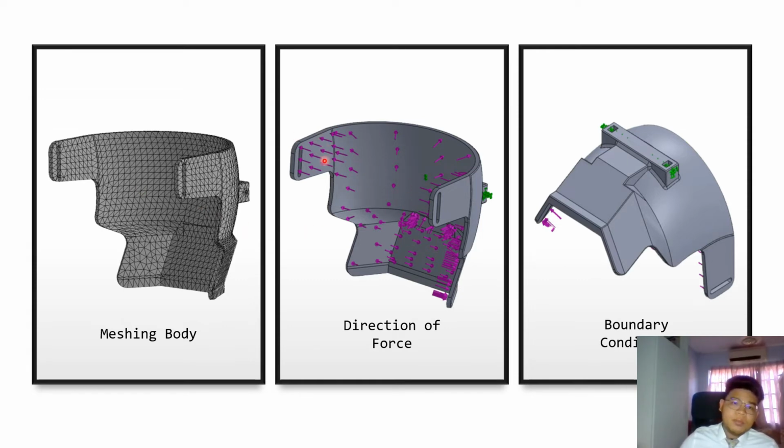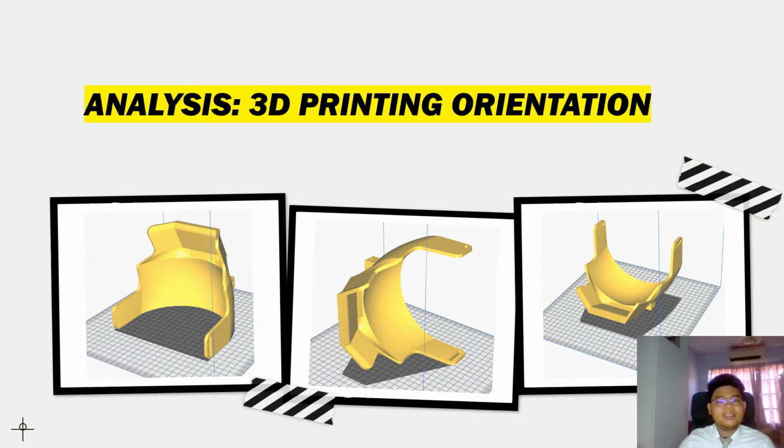The purple one is the direction of the force, and the boundary condition is the green arrow. This part is connected to the linear actuator by using a screw. This is, for information, a fixed support. Alright. And then for the analysis, I do the analysis on the 3D printed orientation in the slicer.